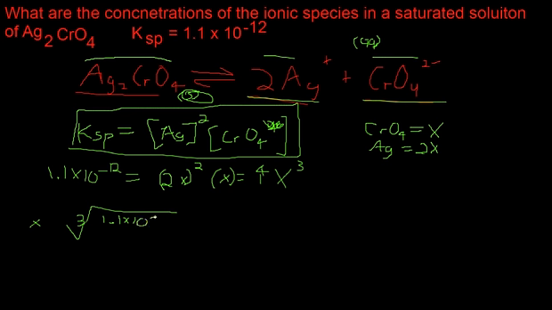Sorry for getting a little bit small here. Divided by our 4. And that's going to yield, okay, let's see what kind of number we get from that. We get 6.5 times 10 to the negative 5.